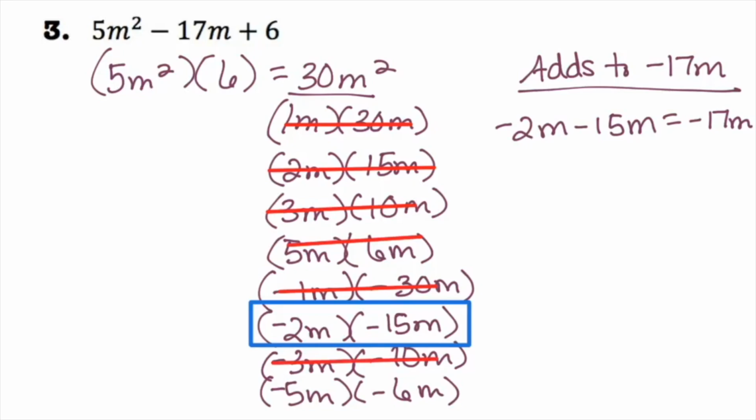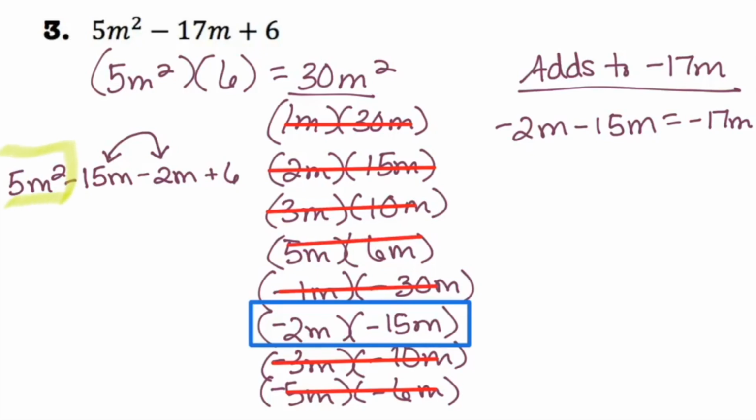But I want you to notice something. When I'm rewriting this, I'm going to flip the negative 15m and negative 2m so that negative 15m goes first. And we talked about this in class. The reason why you want it to go first is because 5m squared right here has more in common with negative 15m than negative 2m.